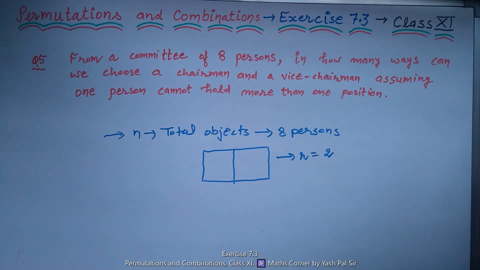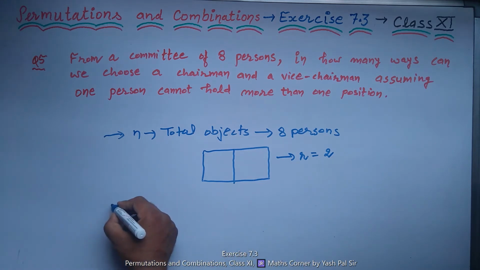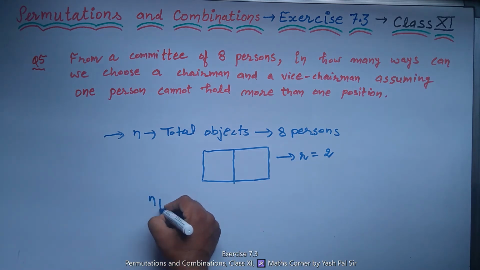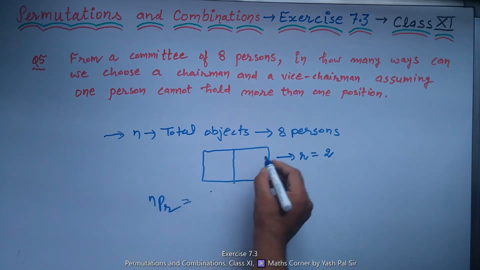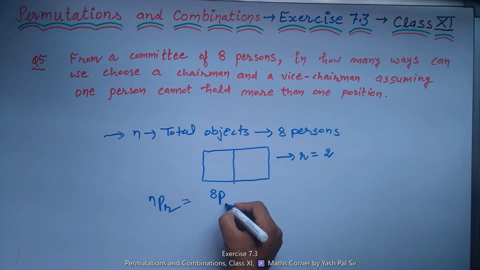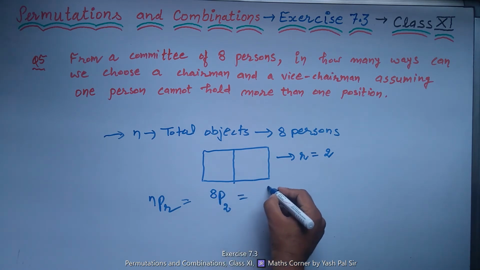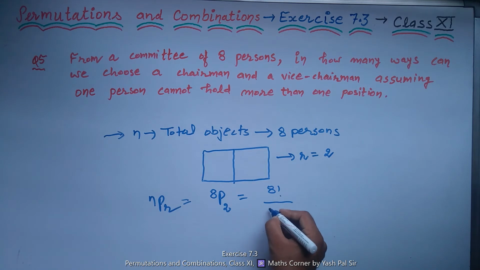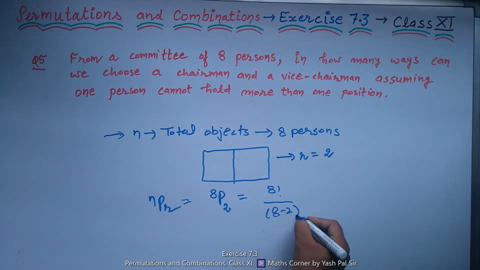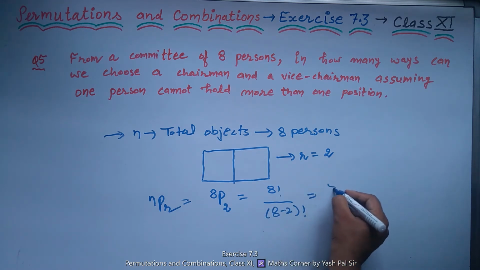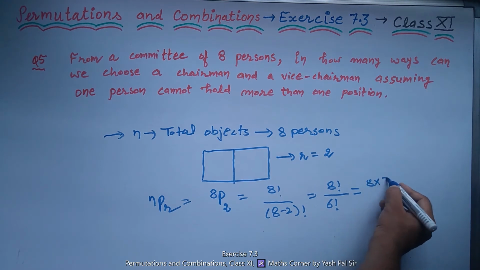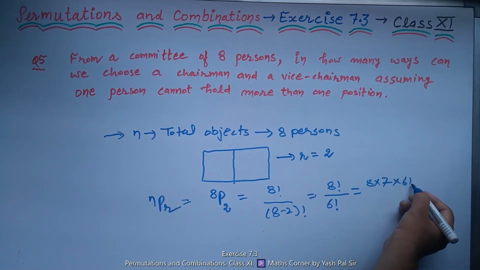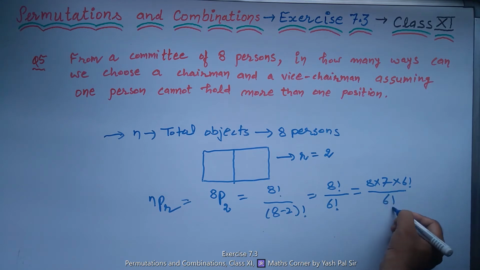Using the permutation formula, nPr, which here is 8P2, becomes 8 factorial divided by (8 minus 2) factorial, which is 8 factorial divided by 6 factorial, that is 8 into 7 into 6 factorial divided by 6 factorial.